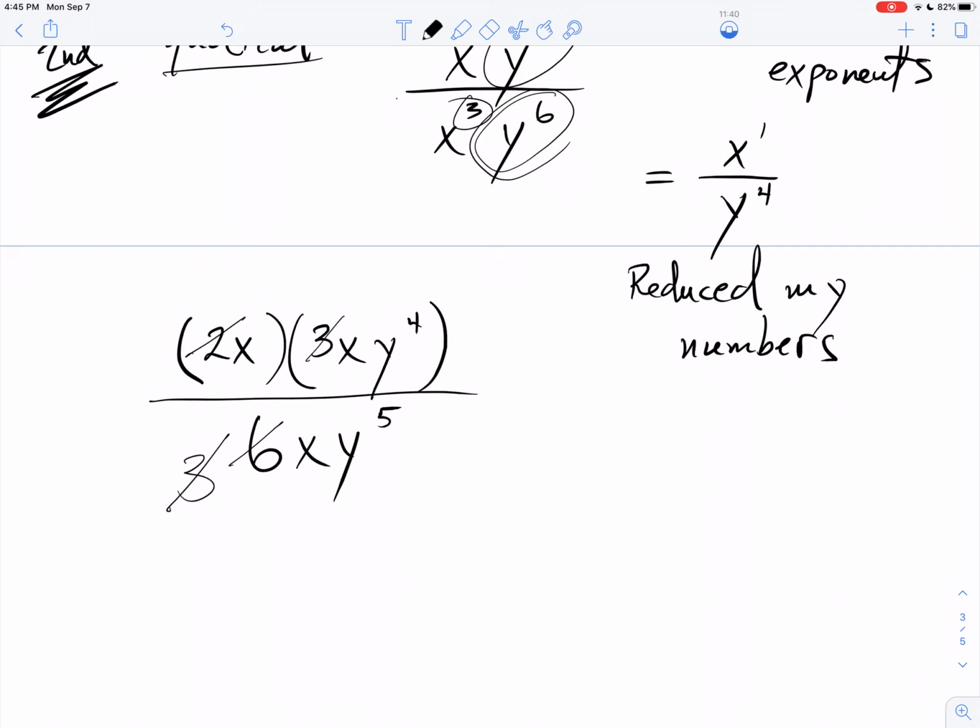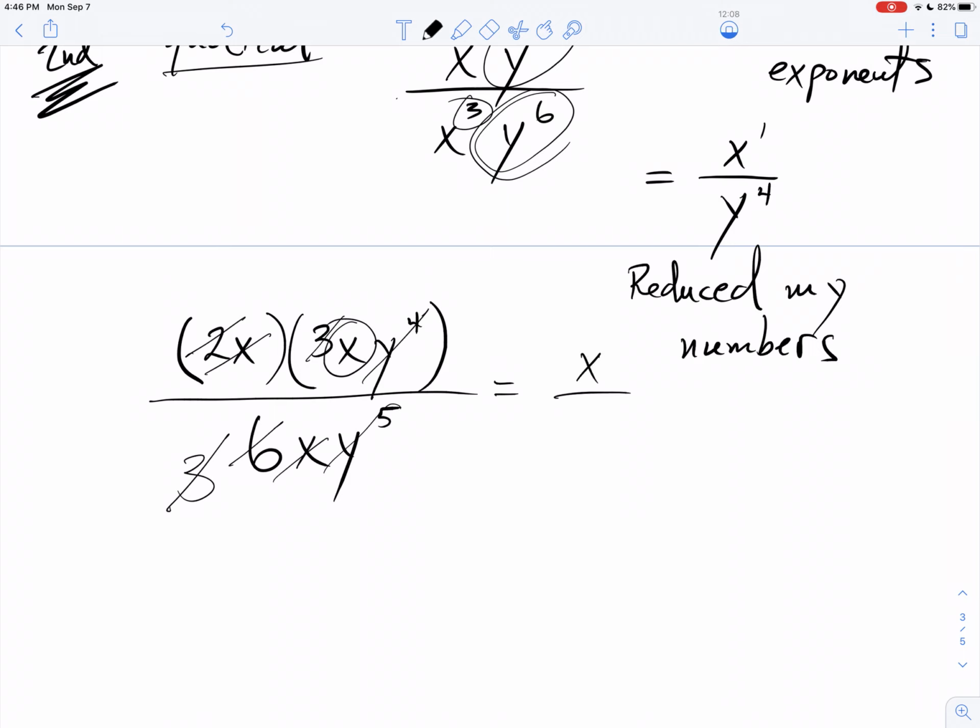Well, you're not subtracting. I'm not. They're not exponents. Those are numbers. Numbers do what numbers have always done. If you have numbers in the top and numbers in the bottom, you can reduce them. They are numbers. But if I did this now, I said, hey, x to the first knocks out x to the first. Hey, there's a y to the fifth and the y to the fourth. I'm going to just collect what's left over. This guy is the only thing left in the top.